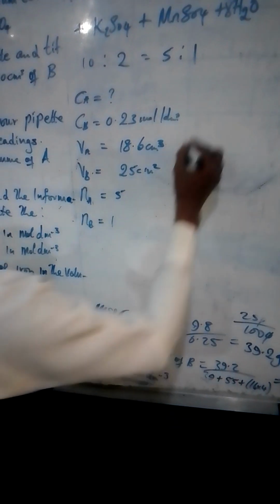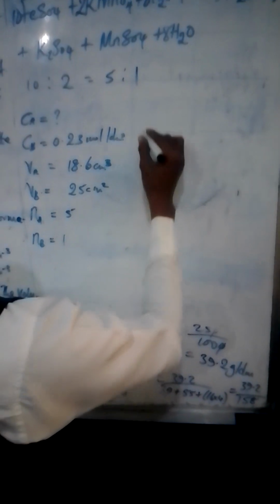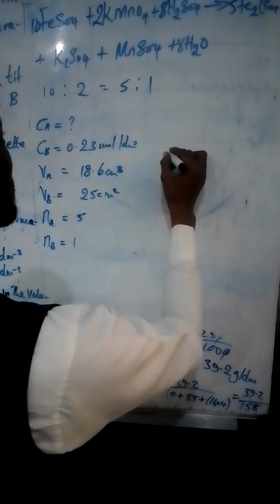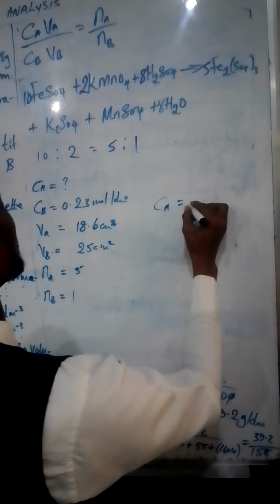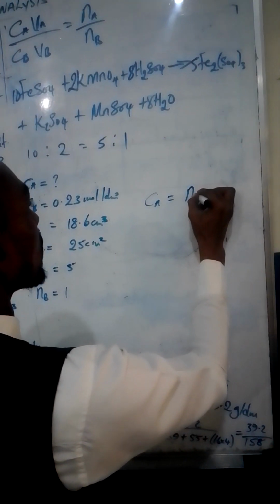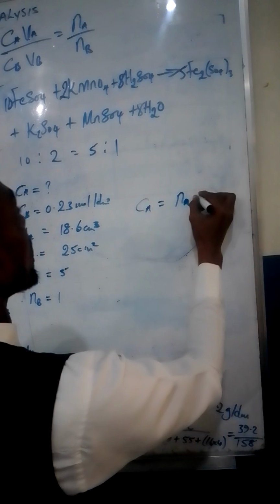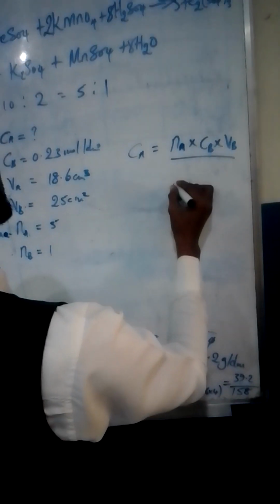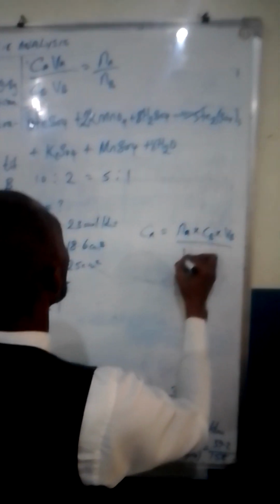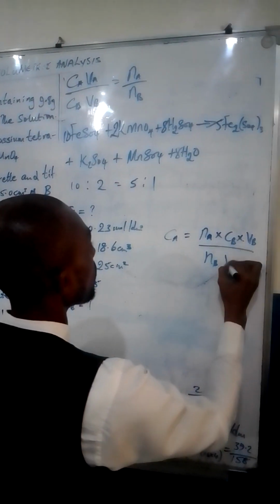So using our equation of reaction, making Ca the subject of the formula, we can say that Ca is equal to Na times Cb times Vb, all over Nb times Va.